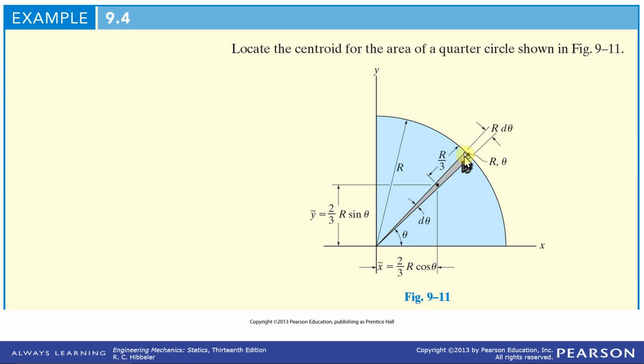And we know that here's the fat part of the triangle. The centroid is 1/3 of this length from the fat edge, so it'd be right here. And then you can get an expression for the location of the centroid here. Then we do an integral of r d theta.